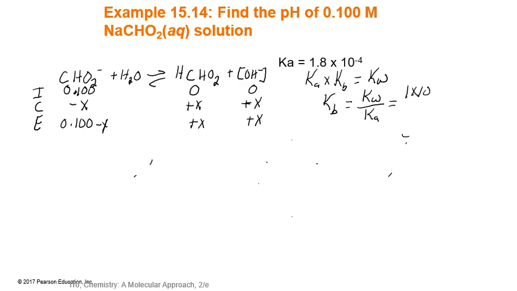Kw is the constant, 1 times 10 to the negative 14th for water. Ka was given to us for the conjugate acid. So our Kb value is equal to 5.6 times 10 to the negative 11th.